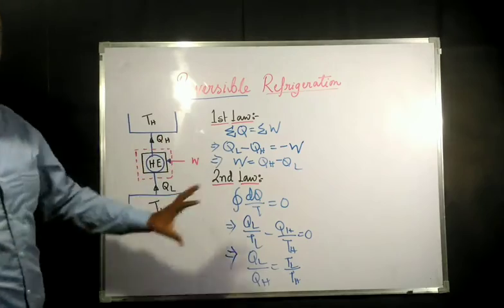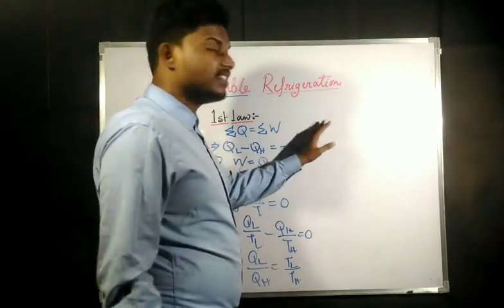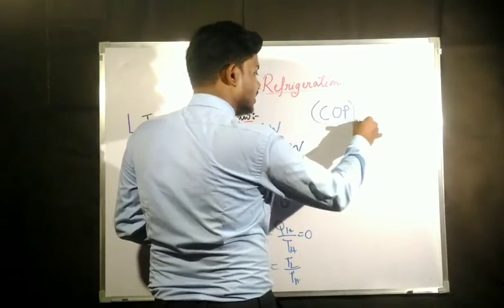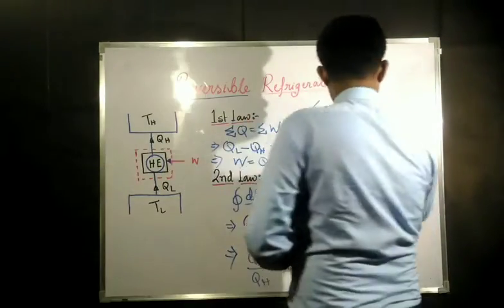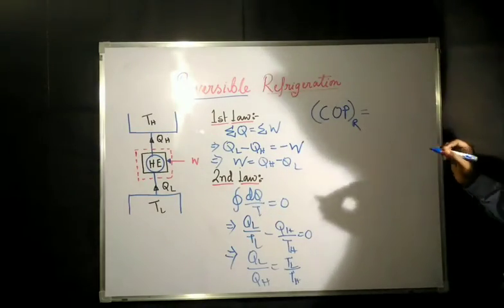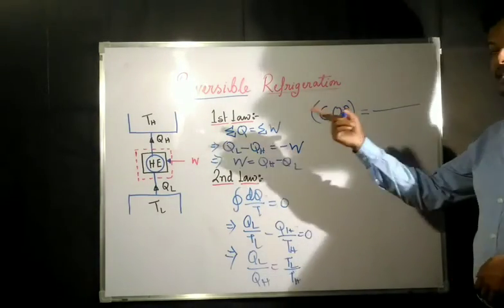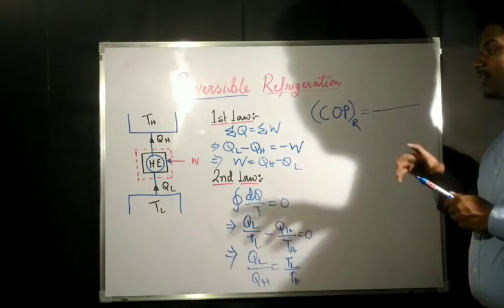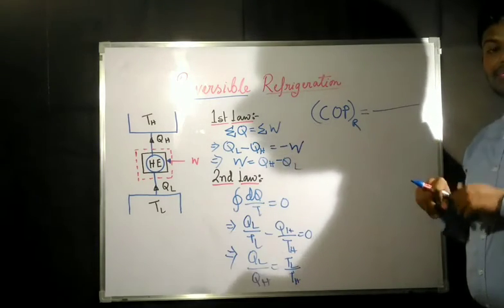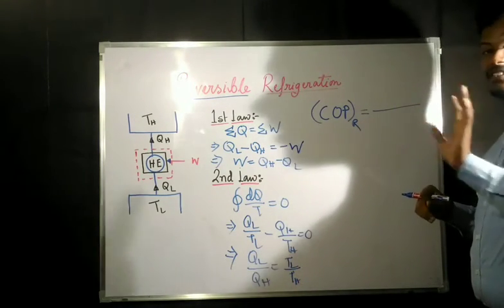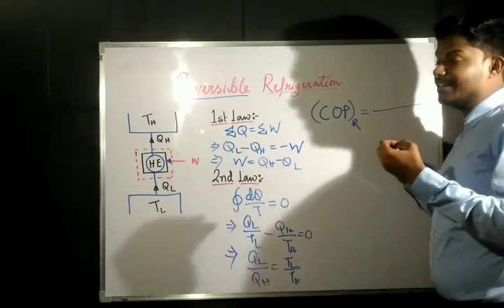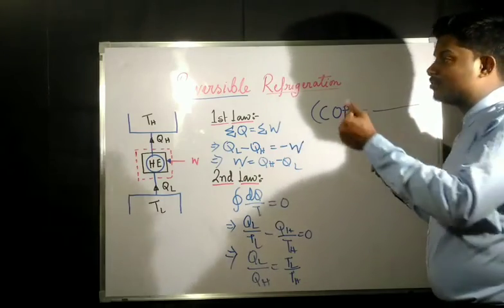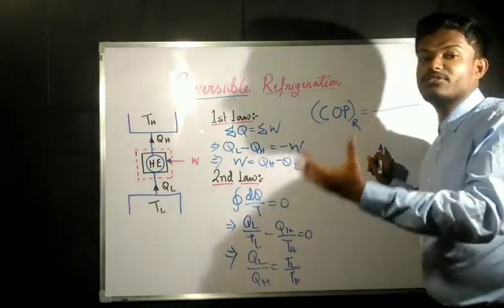Now in refrigeration there is no efficiency; instead there comes the coefficient of performance. For the coefficient of performance of a refrigerator, we take the input energy below. Whether the system is reversible or irreversible, you need to give energy to it. In a heat engine, you give the energy in terms of heat.